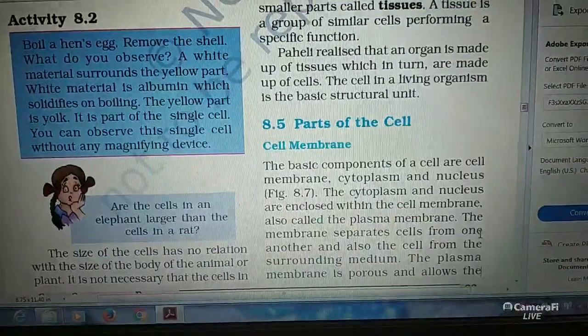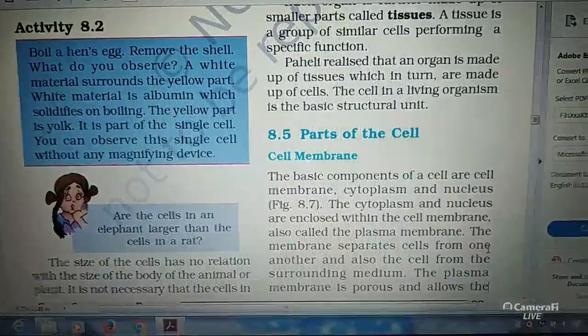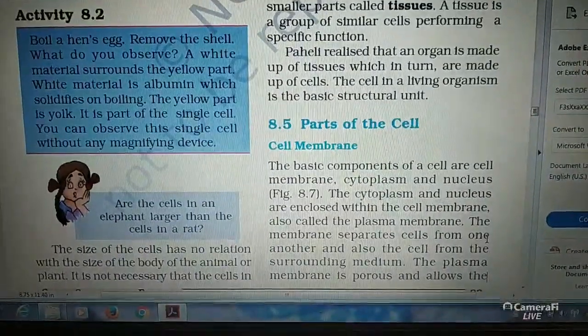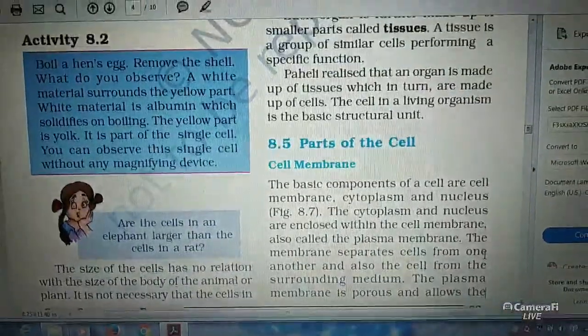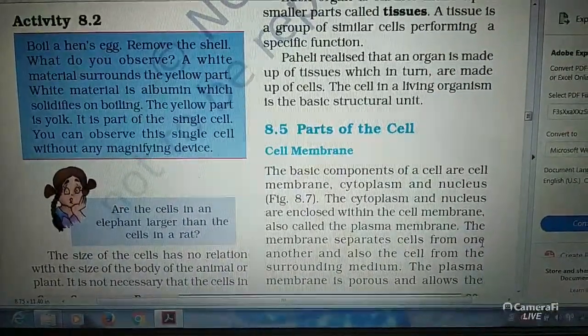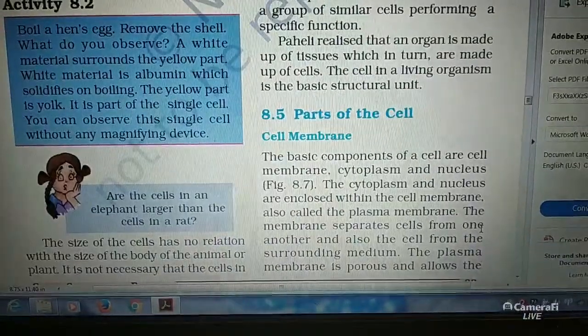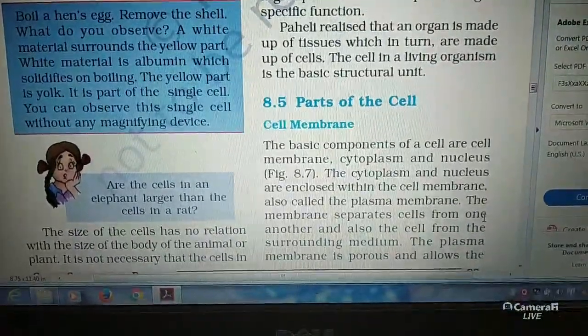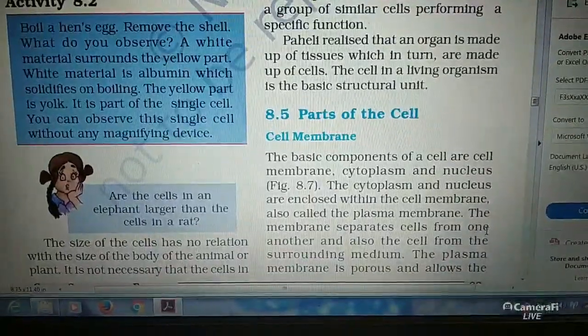When one structure is called a cell, a similar group of cells performing a specific function is a tissue. Tissues come together to make an organ, and organs come together to make an organ system.